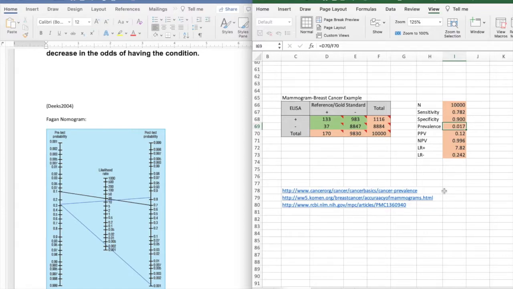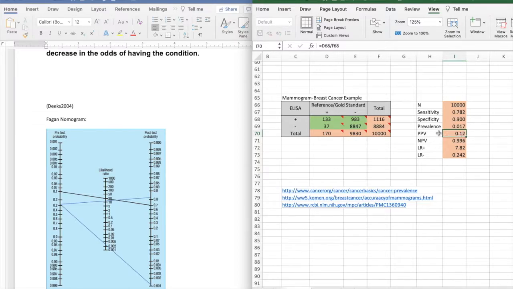Well, that's your base rate. That's your prevalence. Look at this positive predictive value. This is why you can't let sensitivity or specificity make the decision of probability of disease, because it's not what it gives you. Check out sensitivity and specificity. It's not great at 0.78, 0.9, but look at this positive predictive value.